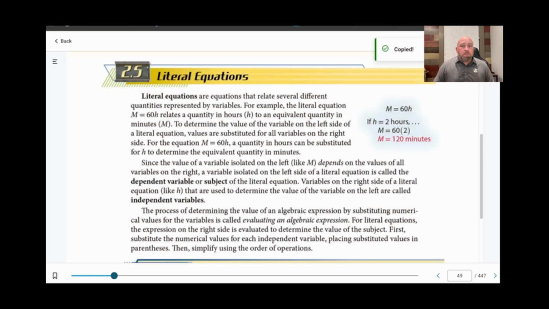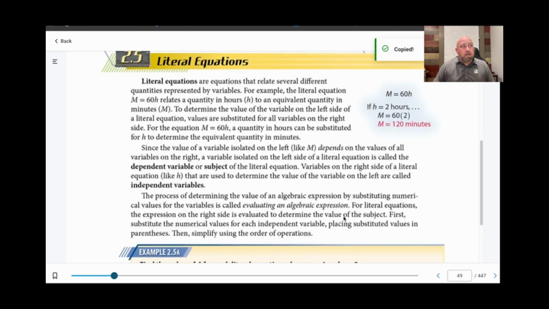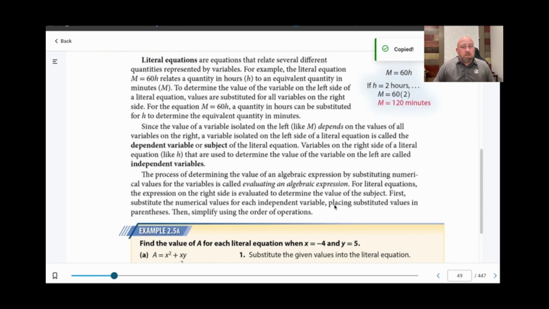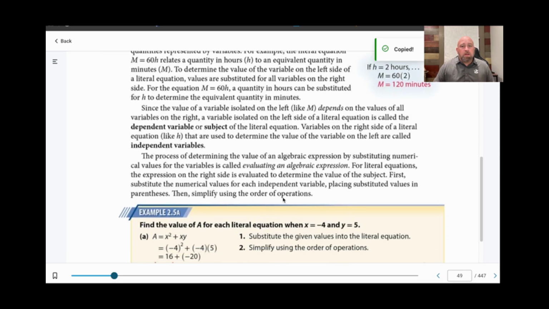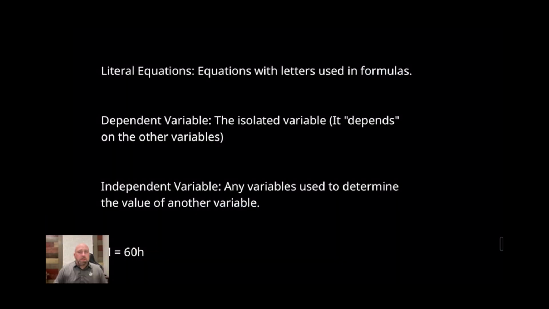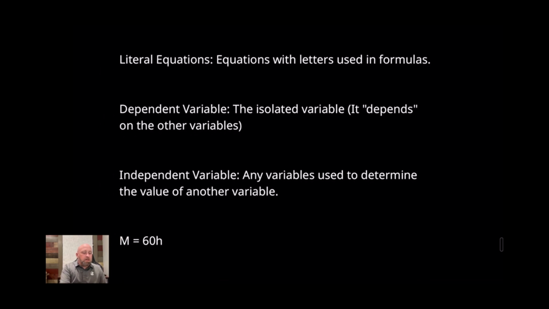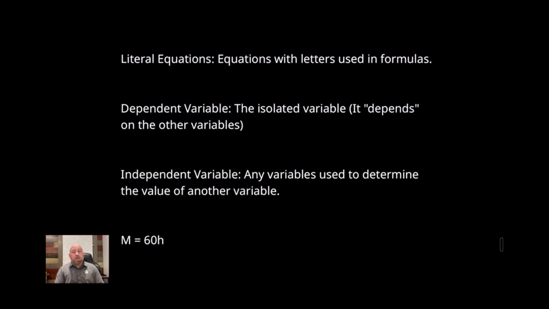So you can go ahead and look in your book on page number 49 and see about halfway down the page, it talks about literal equations. One of the biggest things we need to know about literal equations is what is a dependent and what is an independent variable. So let's look down here at my screen, and it says that literal equations are equations with letters, and they're used in formulas.